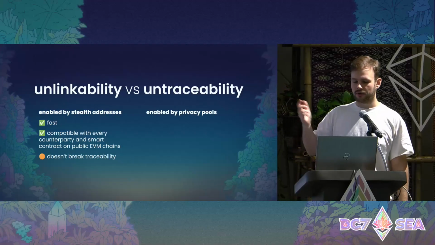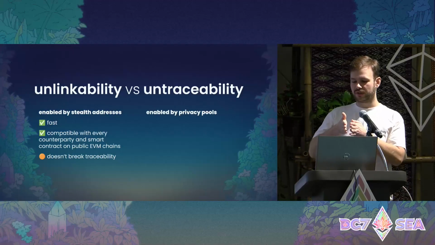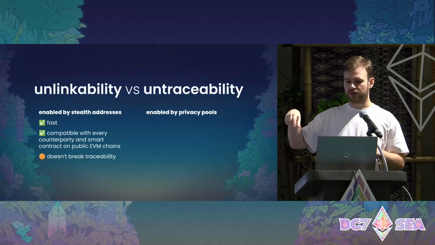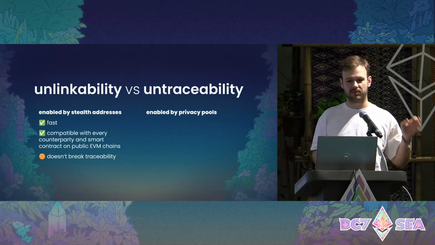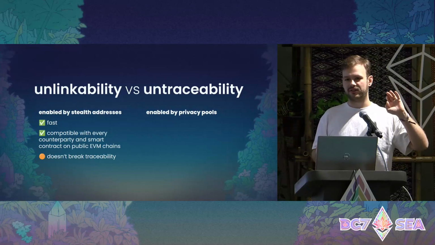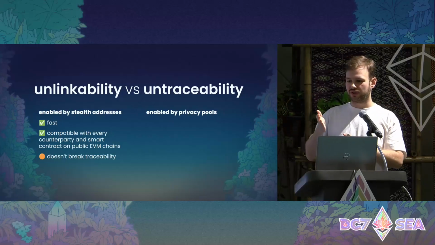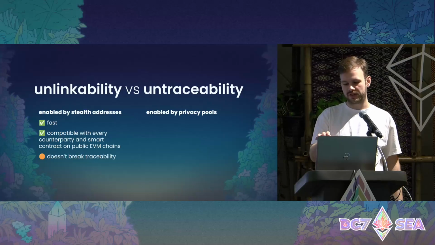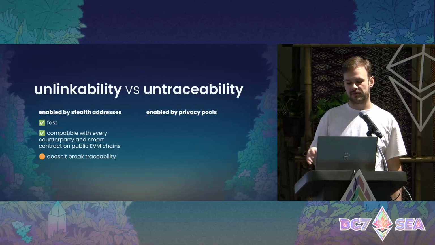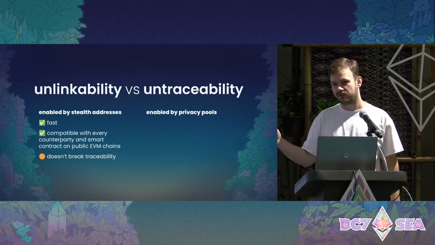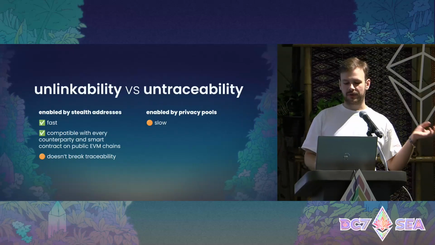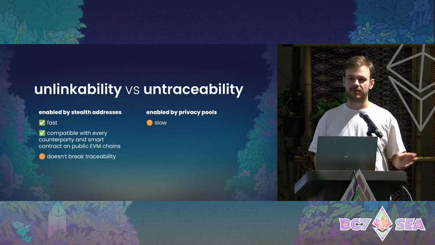And so that's, I guess, the plus side of this property. On the other side, untraceability, meaning that you can break the path your tokens took. So say somebody sends you USDC and you want to make sure that nobody can know who sent this USDC. That's what's called untraceability, and that is enabled by systems like privacy pools, like Tornado Cash, for example. And I think the downside versus stealth addresses is that it's much slower, right?